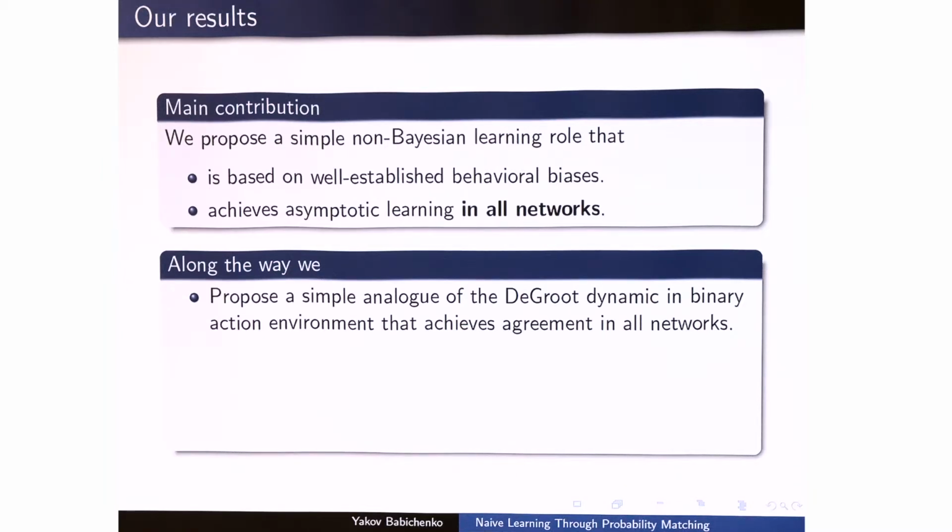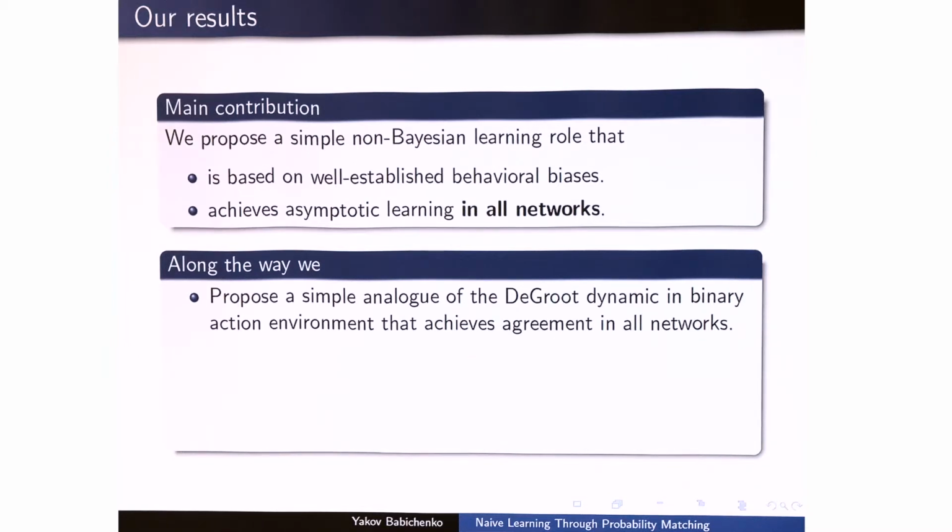These numbers in many cases can correspond to some belief on an unknown continuum. If the state is unknown and you have some noisy signal, then this is exactly what Jackson and Golub demonstrated. So the DeGroot dynamic achieves consensus, but in a case where reports are real numbers.